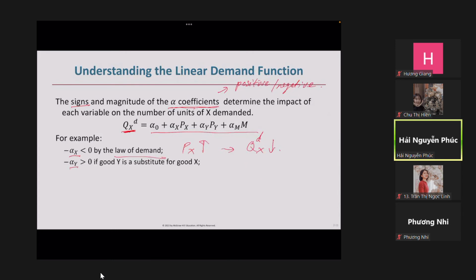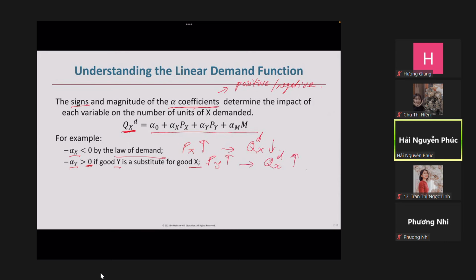For the alpha Y, we expect that alpha Y to be positive if good Y is a substitute for good X. It means that if Py increases, the quantity demanded for X will increase.